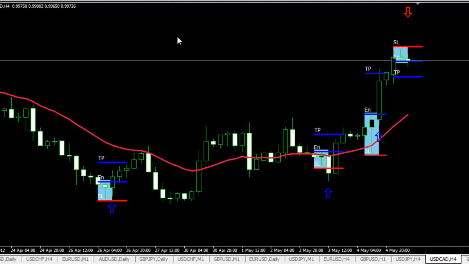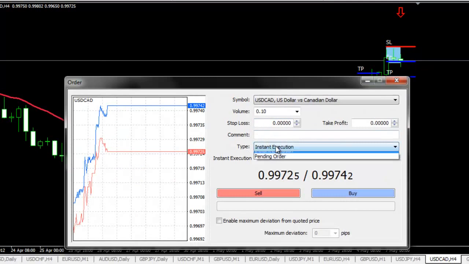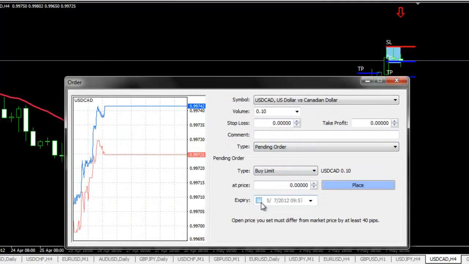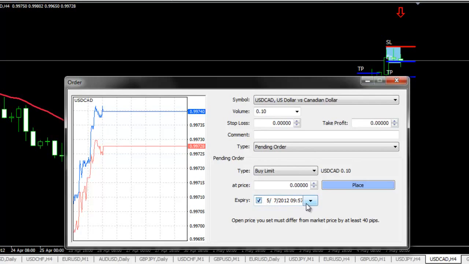A very nice trick for you to follow when you place a new pending order, like in this case, is to set an expiry. Just set the expiry to 1 hour or 4 hours depending on which time frame you are on. So if you are on the 1 hour time frame, set it to expire after 1 hour.